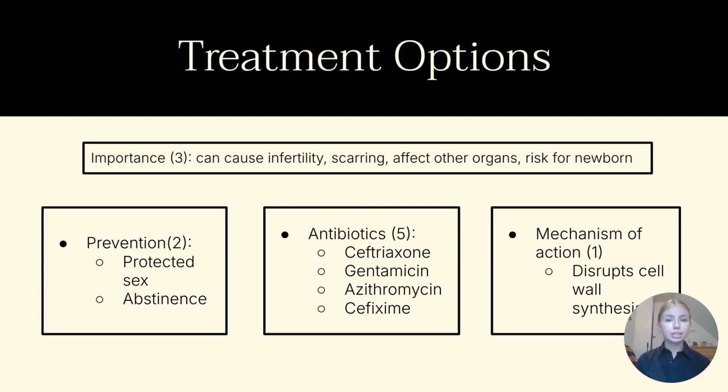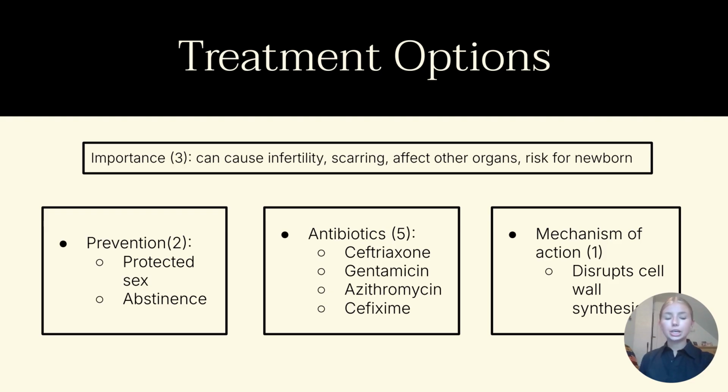In a male, they may see scarring in the urethra, as this is where the infection takes place. Gonorrhea has the ability to affect other organs, absolutely, and the risk for the newborn is whenever a pregnant mother is giving birth to a newborn who is infected with the disease. Whenever the newborn comes through the birth canal, it is possible that they pick up the infection from the mother as they are going through that vaginal canal.